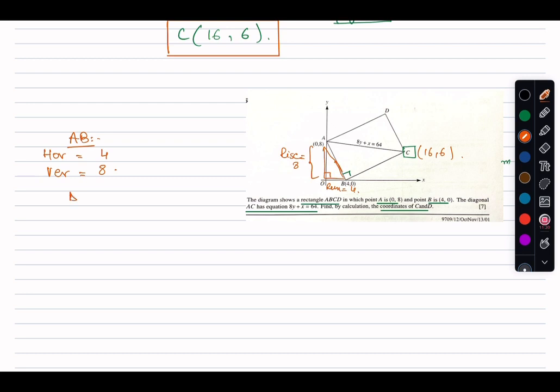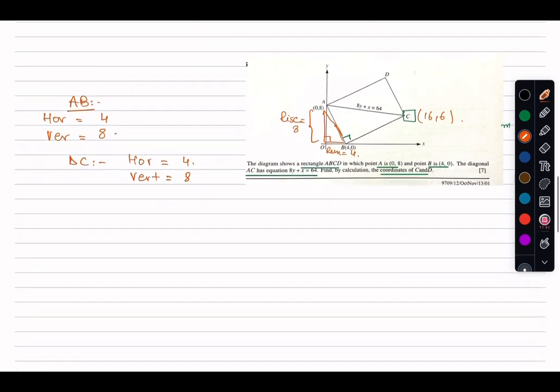So even if I go for DC, I should know that the horizontal distance, being a rectangle, should be equal to a 4, and the vertical distance for DC should be equal to an 8.